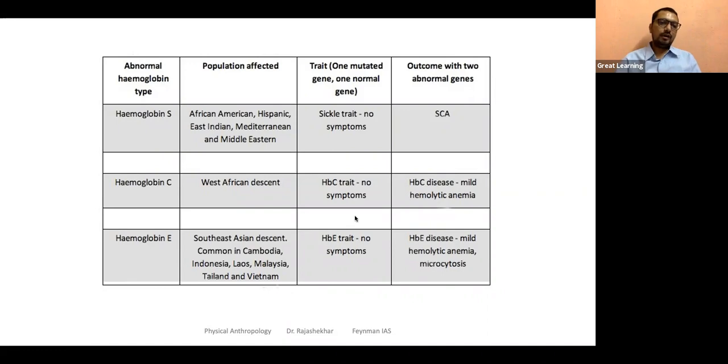Like that, there are different forms: S form, C form, E form. There are more than this. So we also show some variation in hemoglobin in different populations. Different mutant versions of hemoglobin are seen among human populations and within human individuals.